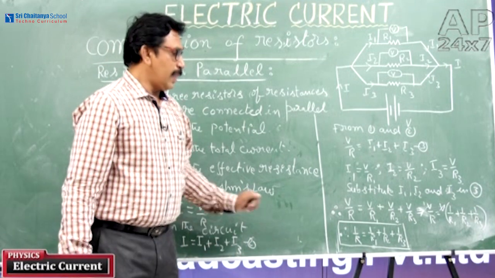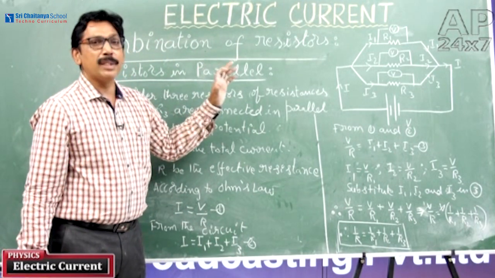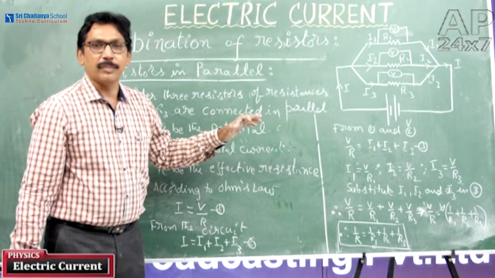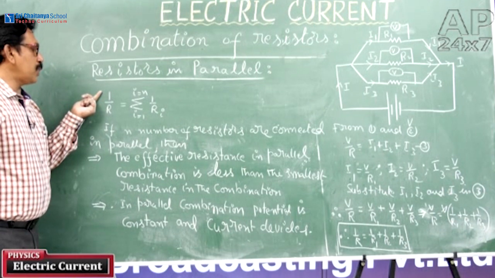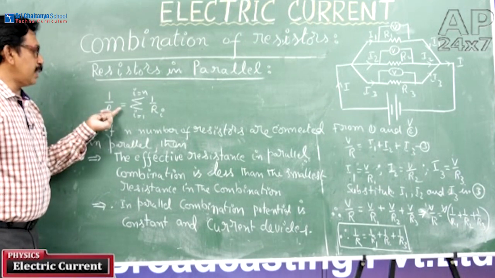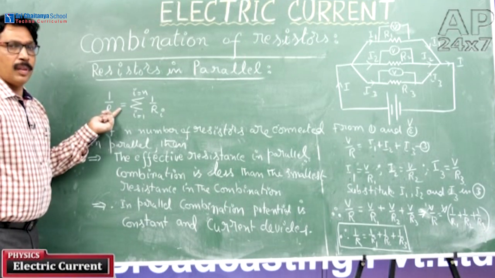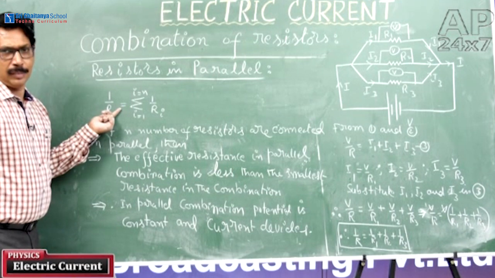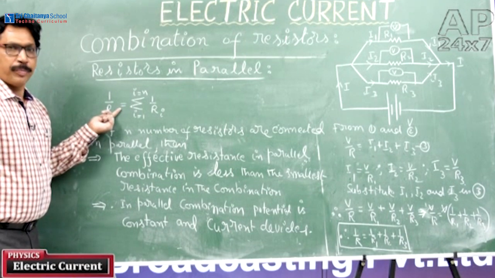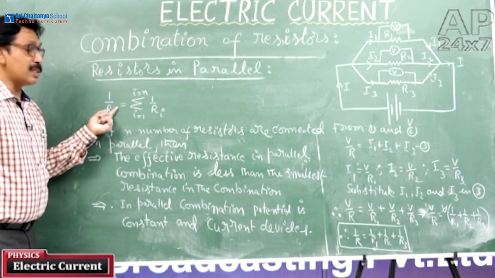Okay. Then, the most important points regarding this parallel combination of resistors. The reciprocal of the effective resistance of a parallel combination is equal to the algebraic sum of the reciprocals of the individual resistances.